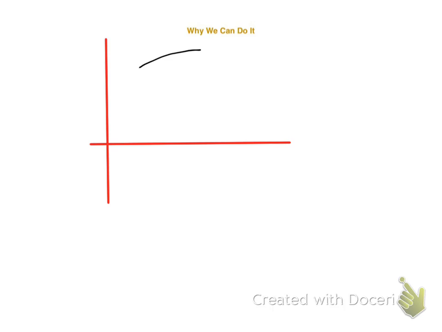So we have a coordinate plane, right? Typical coordinate plane. And let's just imagine that we have a parabola. This is going to be like a horizontal parabola. Let's say it's like this. This is a horizontal parabola, and it's inside of the family of these functions.